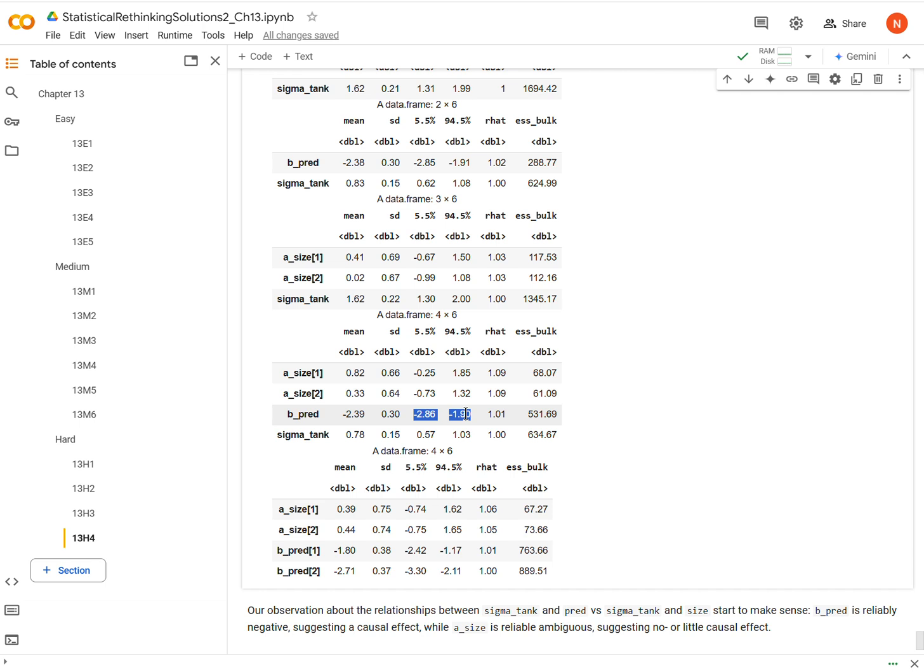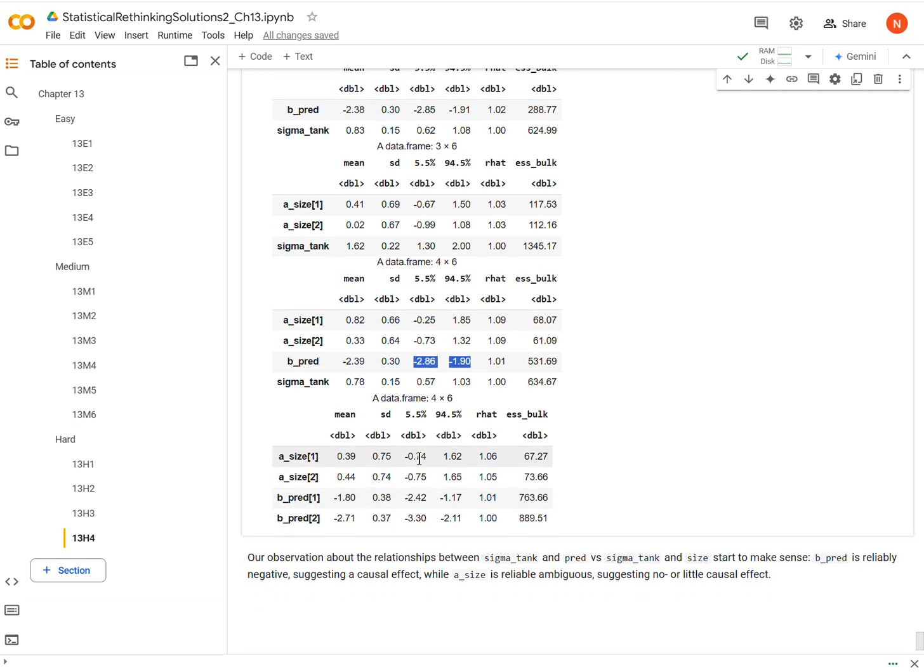And once again, when we have the full interaction model, the credibility intervals for size are pretty ambiguous, and for predation are pretty convincing that it's negative. So all of this supports the idea that predation really does have some kind of causal explanatory function in explaining survival, and size does not.